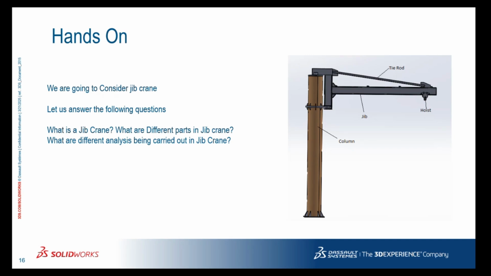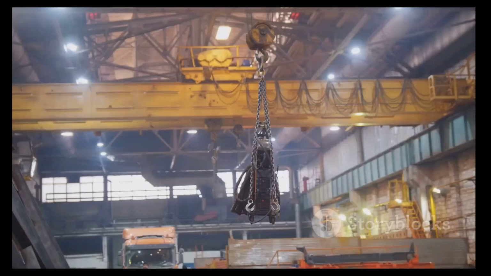Coming to its parts, it consists of a column, a jib, a hoist, and a tie rod. Now, what are the different analyses that will be carried out on the jib crane? This we will discuss in coming slides. Now, let's proceed further and let us view a video on jib crane.